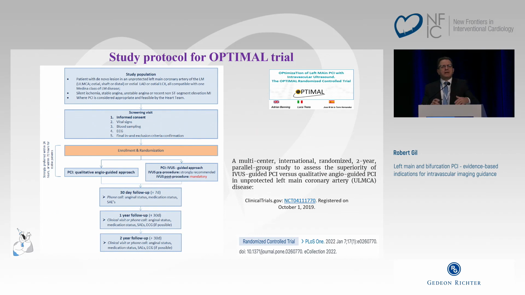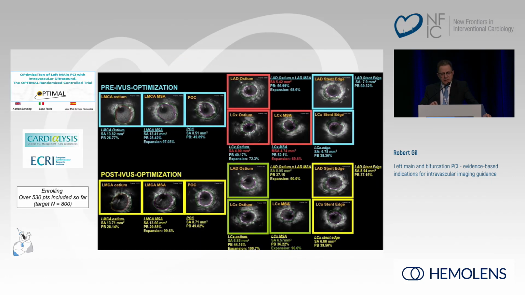Of course, there are many trials already completed, such as RENOVATE or OCTOBER, but this is another one, the OPTIMAL, which probably gives us strong evidence about the power and necessity of performing IVUS for left main.